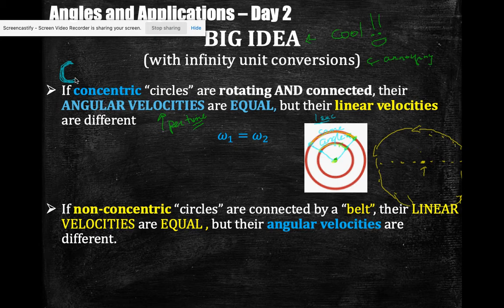We call it a belt. Think about a rubber band, like when you're working out and you put those exercise bands around your feet. Particles on these circles have the same linear velocity, but their angular velocities are different.